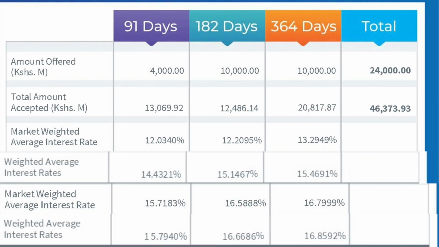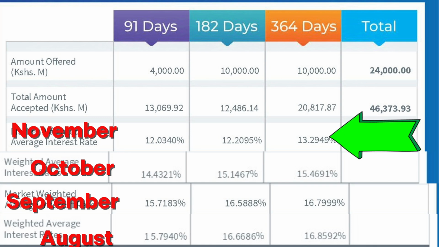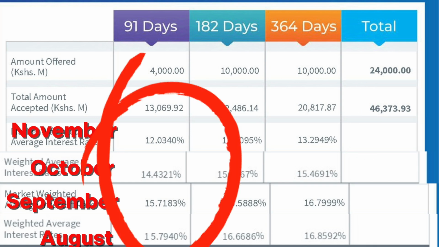The rate reduction continues. The 91-day T-bill now drops from 14% to 12%. And the 181-day T-bill dropped from 15.14% to 12.2%. The 1-year T-bill drops from 15.4691% to 13.29%.